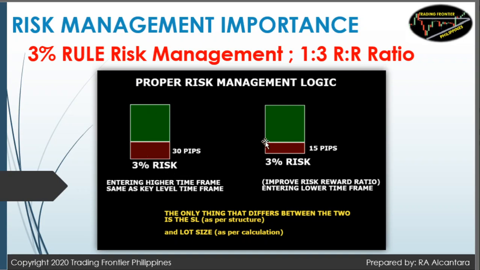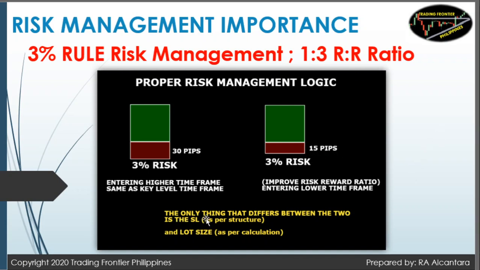However, as I go down to a much lower time frame, I'm able to improve my risk reward ratio through minimizing or tightening my stop loss. Sorry for the word.